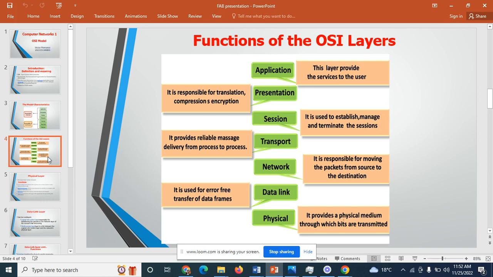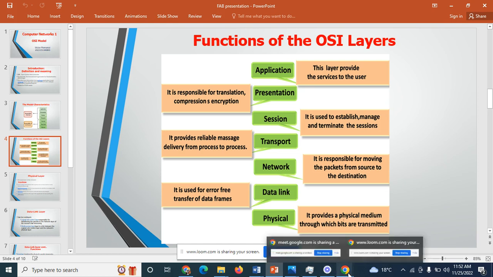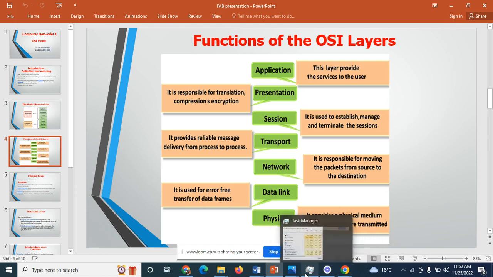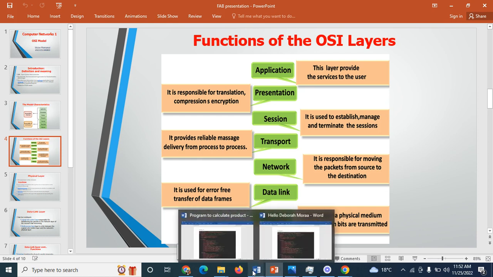We have the physical layer, which provides a physical medium through which bits are transmitted. Remember, computers have a language of transmitting and understanding what they are communicating. If I may ask, what is this language that computers speak, and they are able to understand each other in terms of exchanging data?